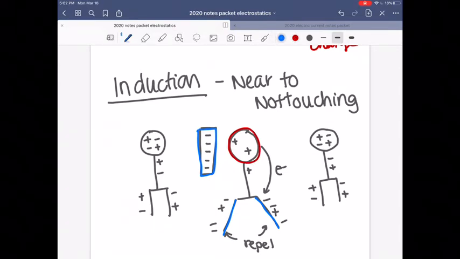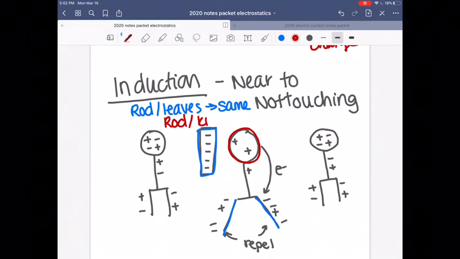So we could sum this up as that the rod and the leaves will have the same charge, but the rod and the knob on the top will have opposite charges. Okay? And I know this is kind of confusing, but it applies in every case.